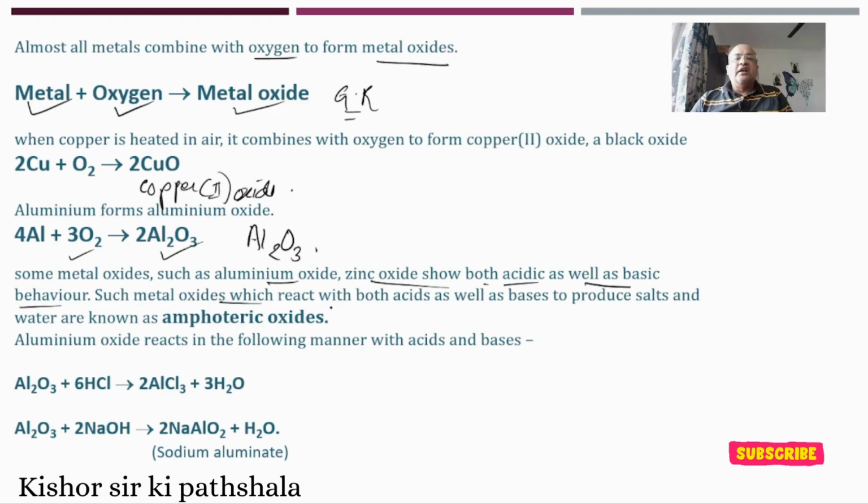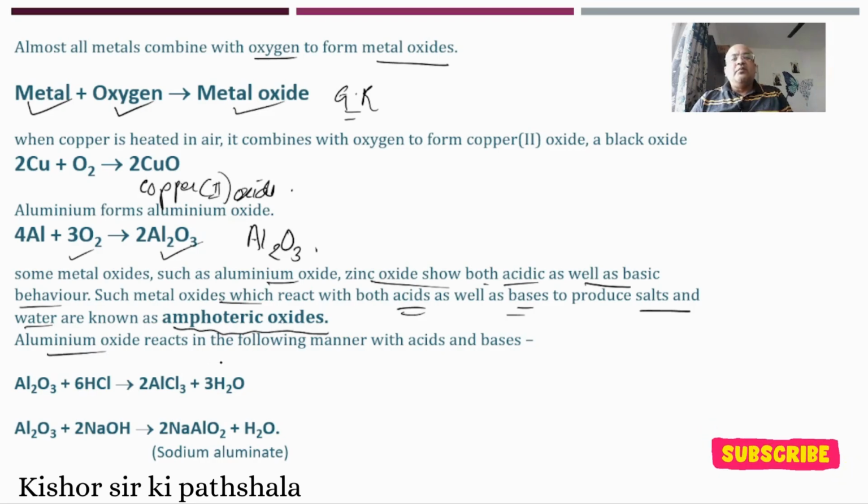Such metal oxides react with both acids and bases to produce salt and water. Therefore, they are known as amphoteric oxides. The metal oxide which reacts with both acid as well as base to give salt and water is known as an amphoteric oxide.